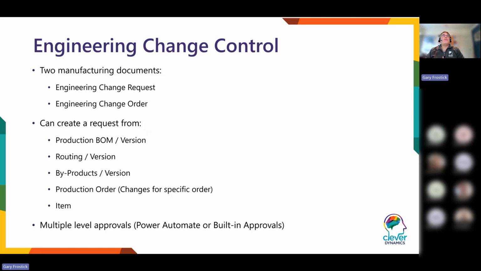We can generate engineering change control from a production BOM or version, routing version, byproducts, which we'll come on to, a production order if it relates to a change to a very specific production order, or an item if we were building something from scratch, or want to completely change the manufacturing process for an item. We've got multi-level approvals, either using standard Business Central approvals if you really use those, if not, Power Automate.